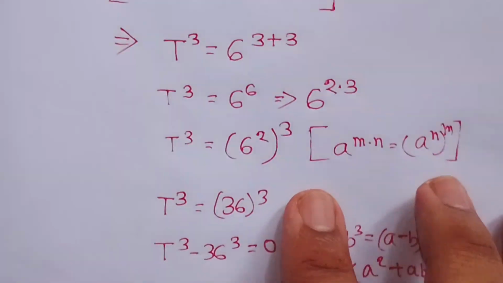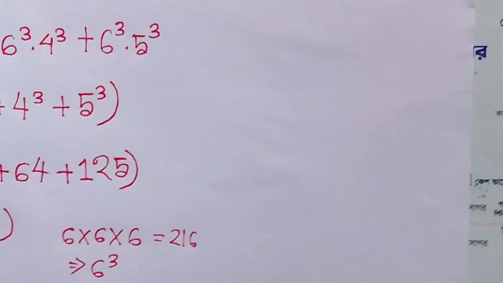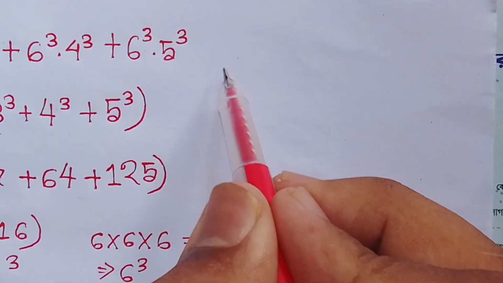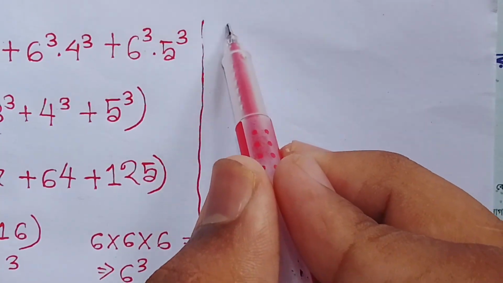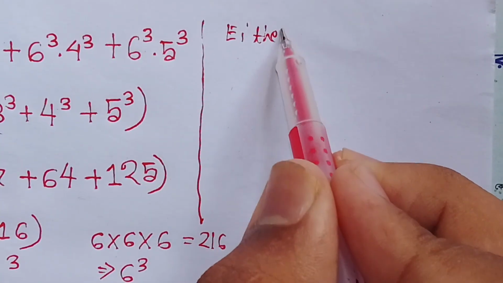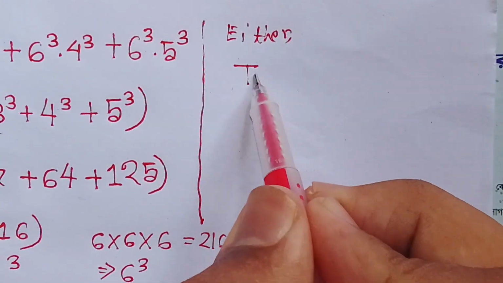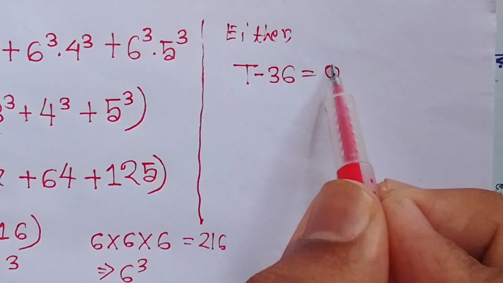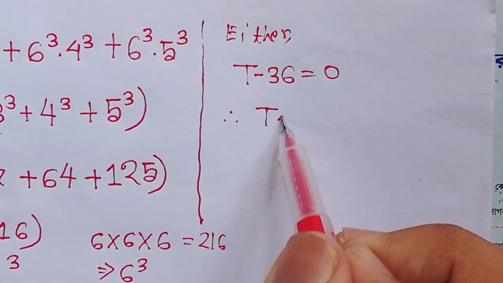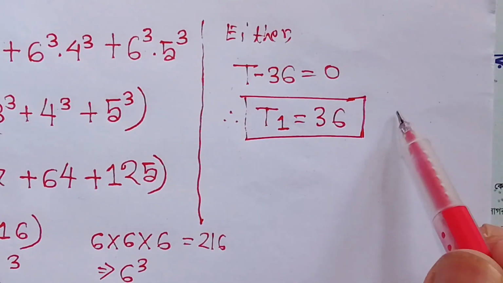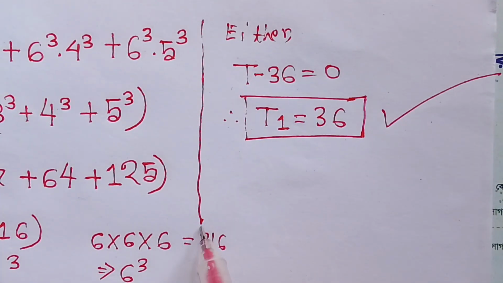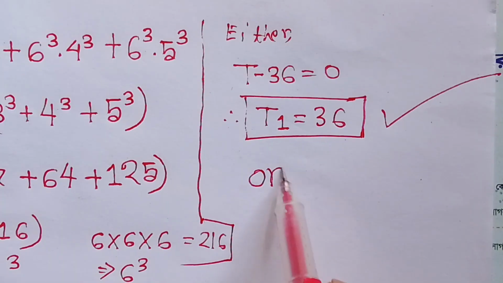So now we are very close to the answer. Here we can write either t minus 36 is equal to 0. So the value of t equals 36. This is answer 1. So we get our first answer.